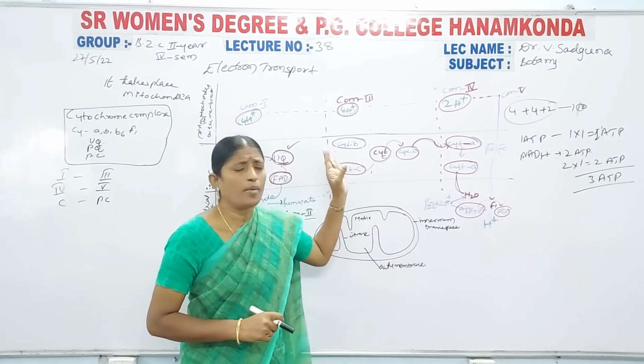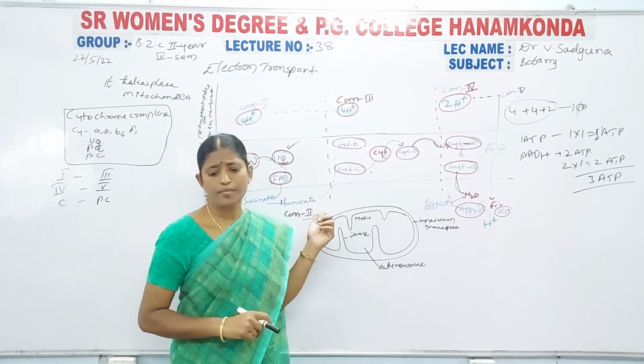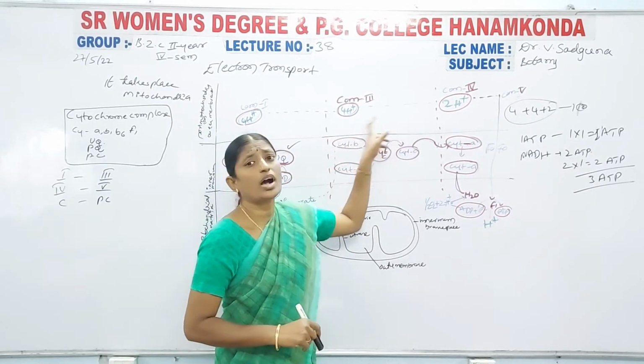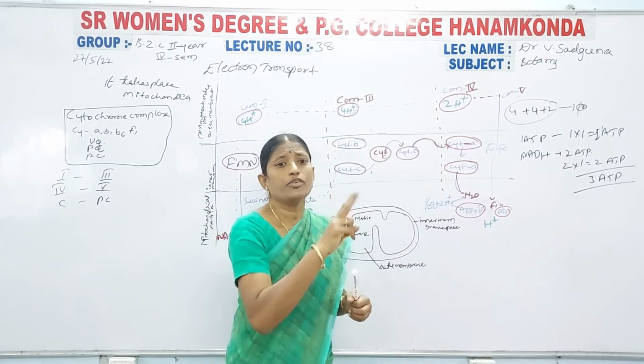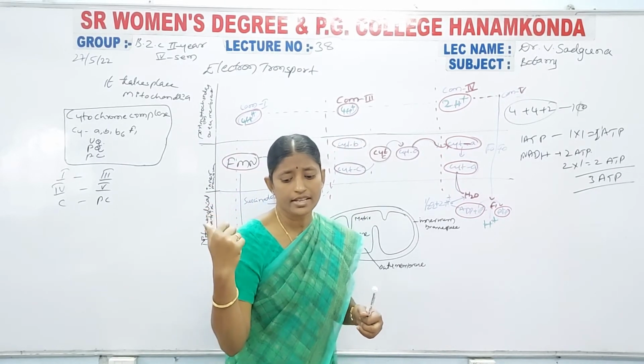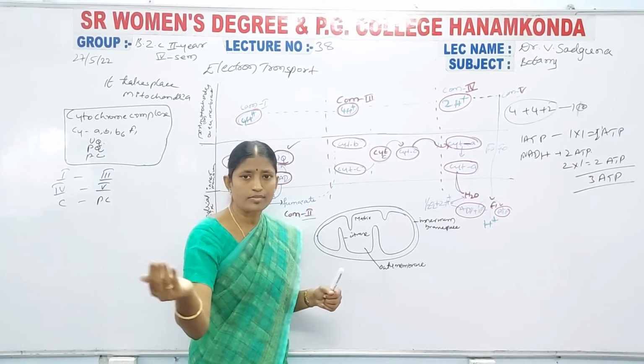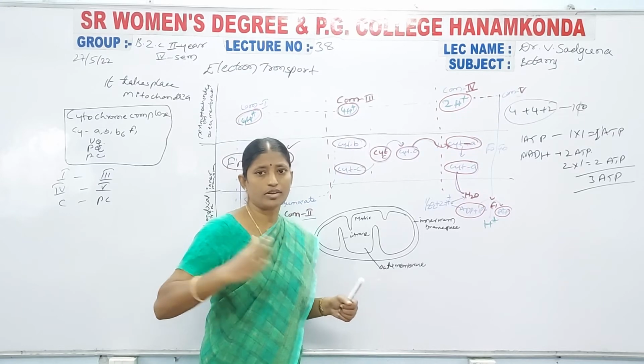Then its complex 2. Then complex 2 is completely 4 plus 2 molecules. Then the 2 complexes are involved with the 4 plus 2 molecules. Then most of the formation of electrons, the 2 electrons, is formed.